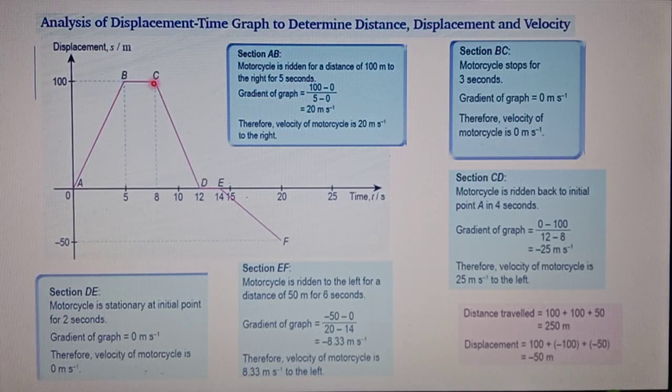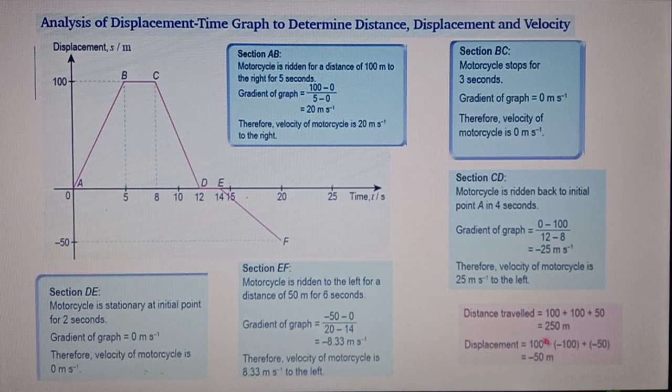BC, 0 because not moving. CD, also 100. DE, 0 because not moving. EF, 50. So for distance, no need to consider direction. You just total up the length of all the paths traveled by the motorcycle. So you get 250 meters.